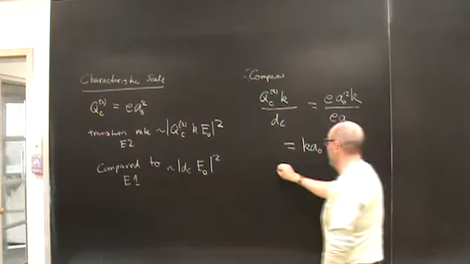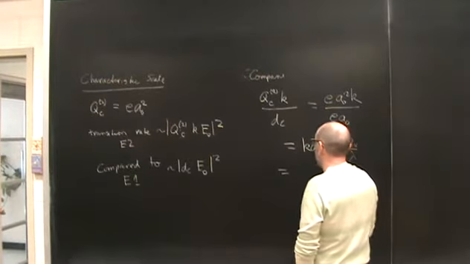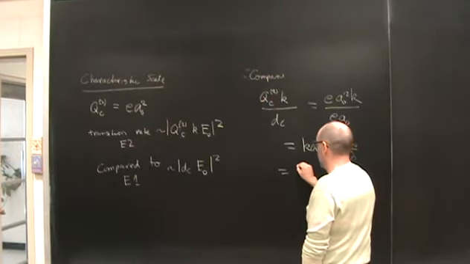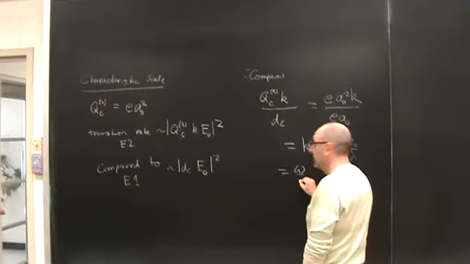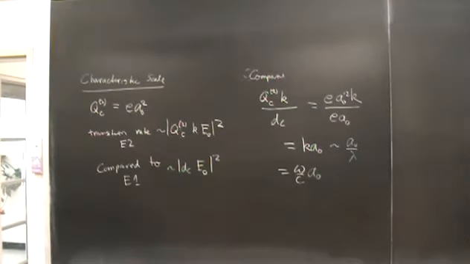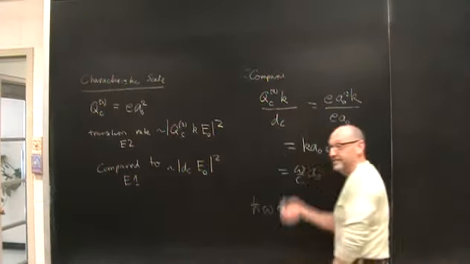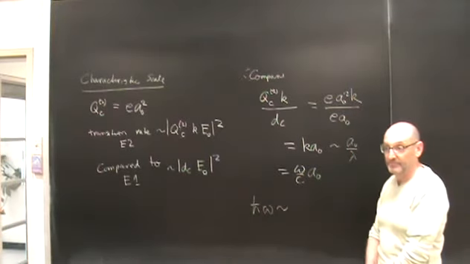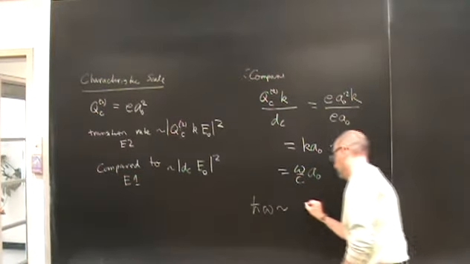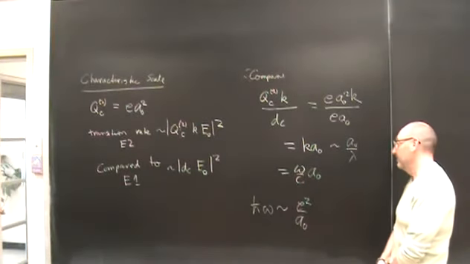In fact, k is equal to the frequency over c. What omega do we want to choose? Well, a characteristic omega, h bar omega, for a characteristic energy scale in an atom, would be the Hartree. Okay?